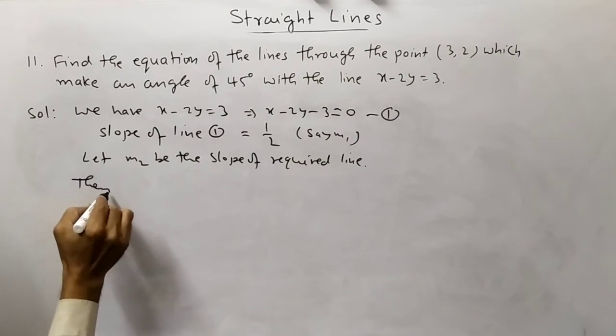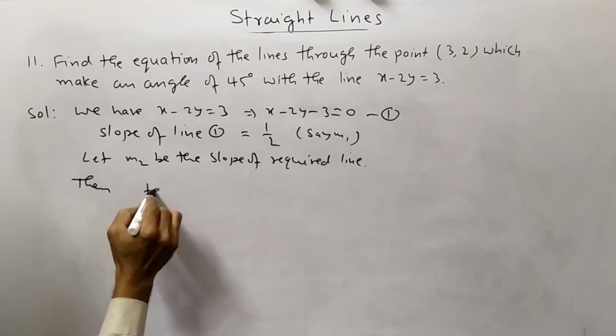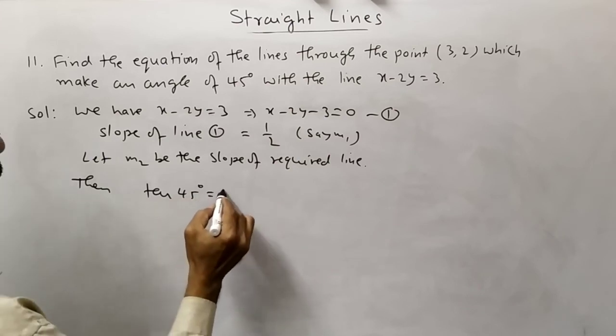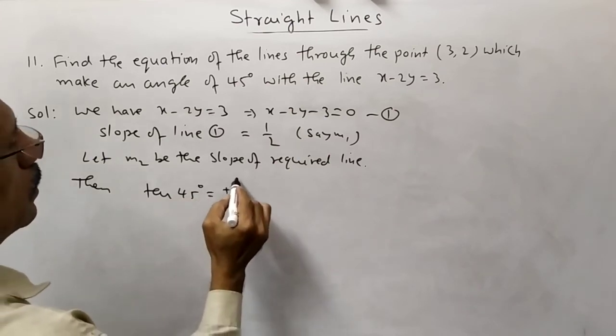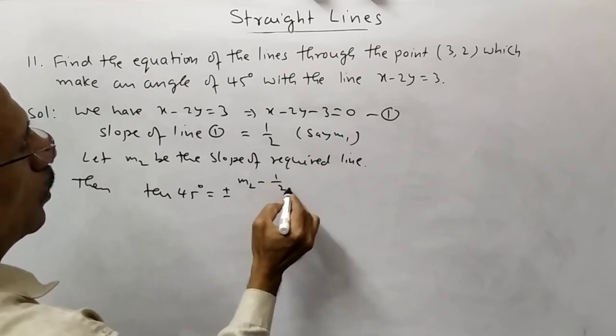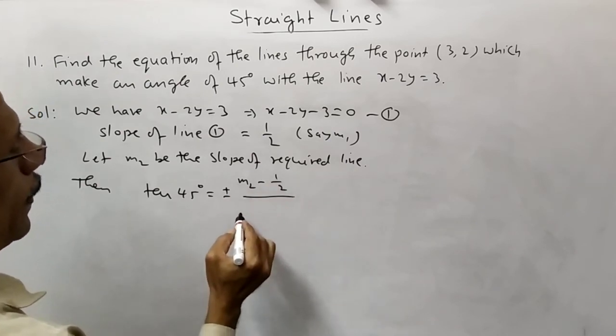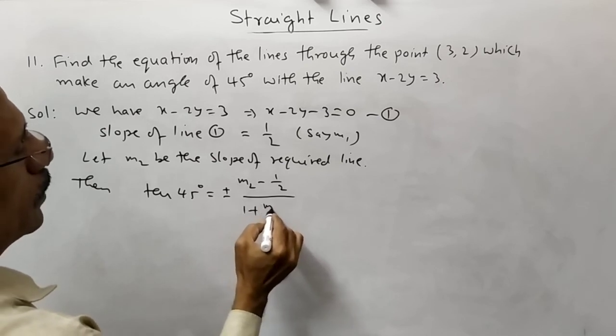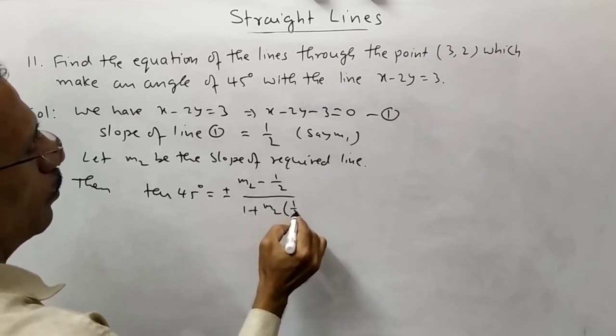Then tan 45 degree is equal to plus or minus m2 minus 1 by 2 divided by 1 plus m2 into 1 by 2.